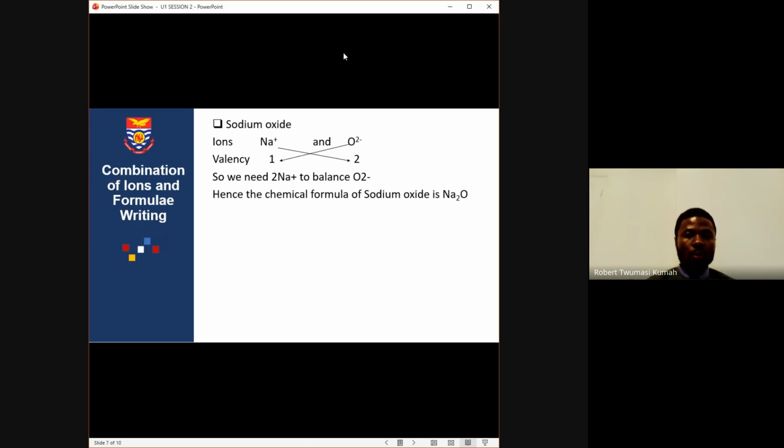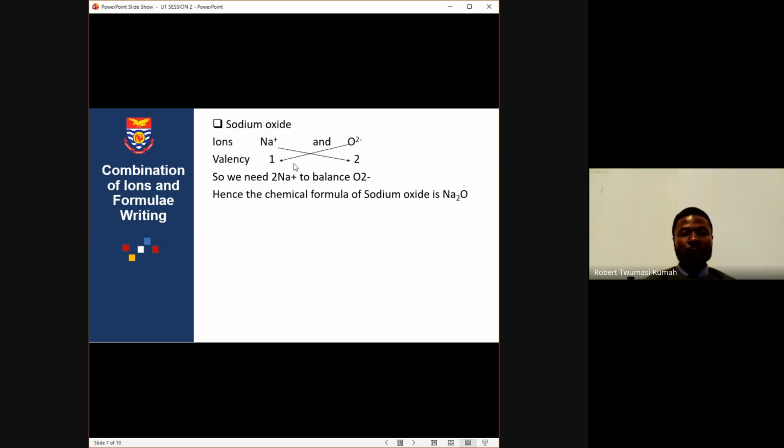Okay, so for this that we have here, if we are just crossing it without going through a very long process, then we give the 2 here to the sodium, and the sodium, which has 1, will come and replace the 2. So we need 2 sodium atoms to balance the oxygen.